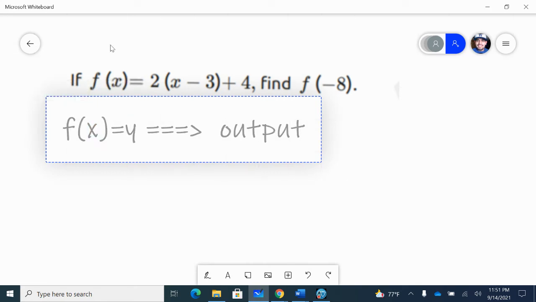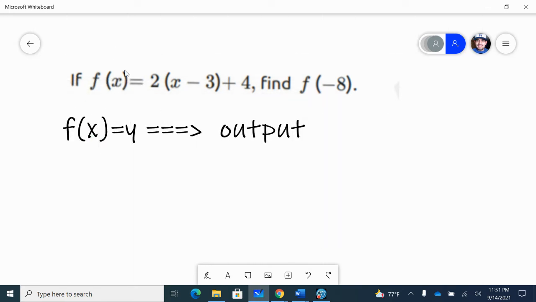So what is this problem asking? Well, it's telling us that we have a function given by this equation, right? Again, all this is saying is, hey, we have a function where you have this equation given to you. Now they want to find f of negative 8. Well, what does this mean?